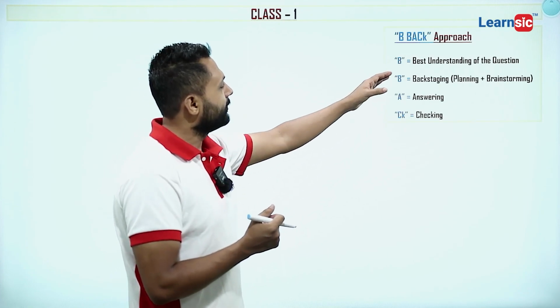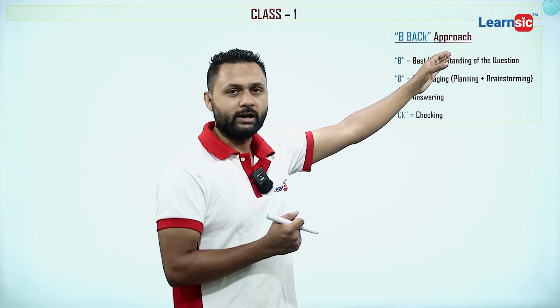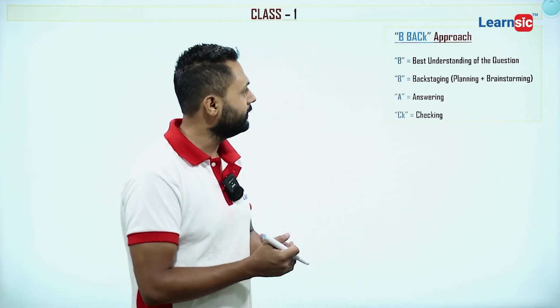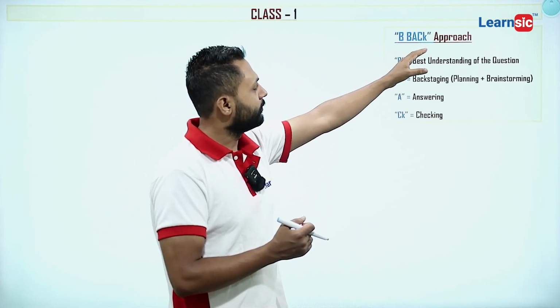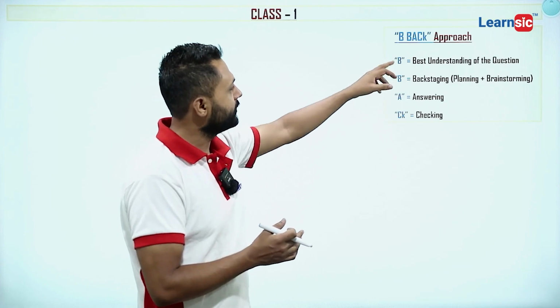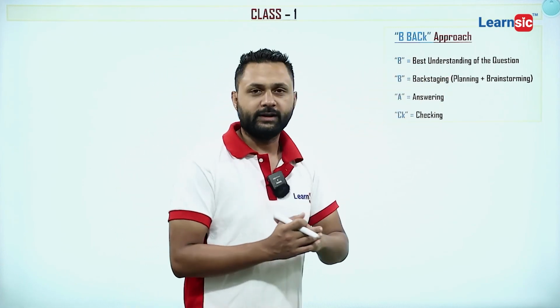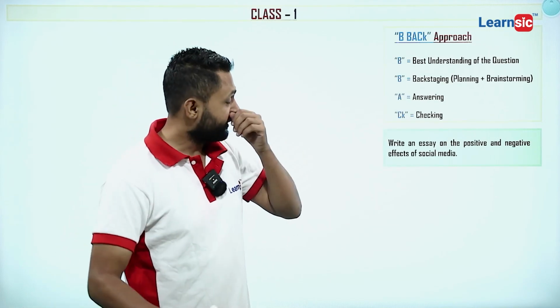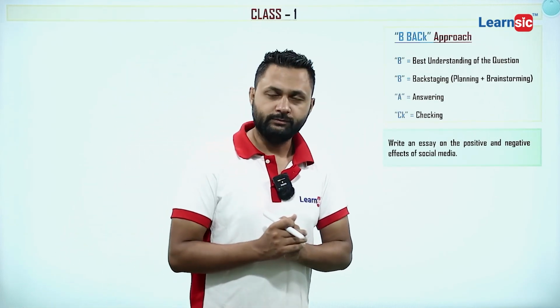Let's see what it is about. The BE-BACK approach. I want you to make notes of important points. So this is the BE-BACK approach that we are talking about. The first B is best understanding of the question. For example, this is your IELTS question.